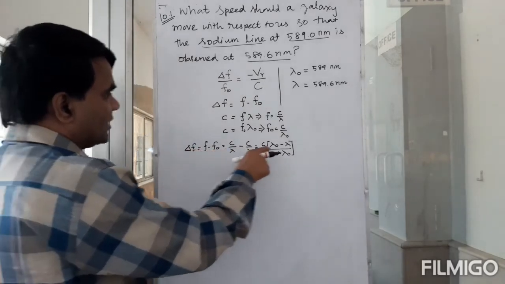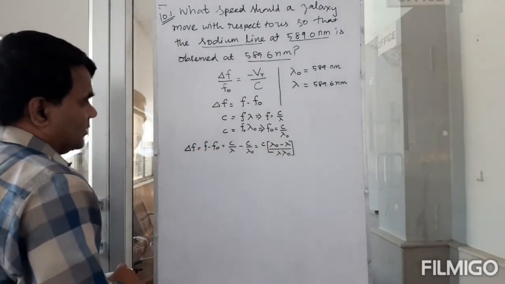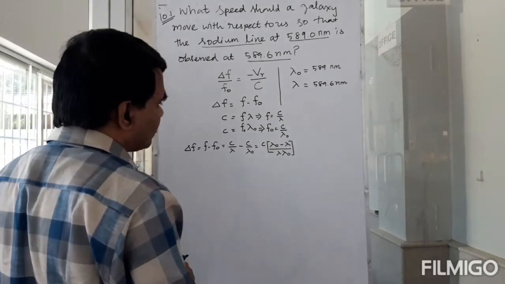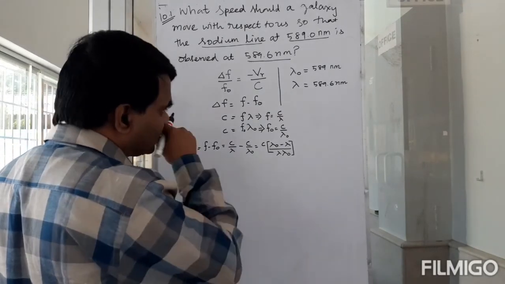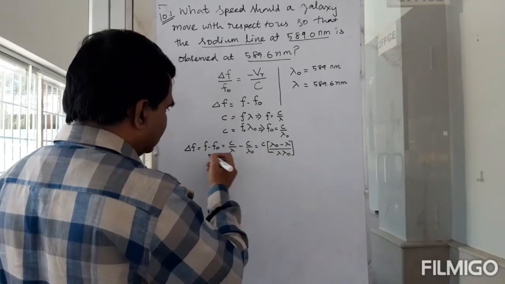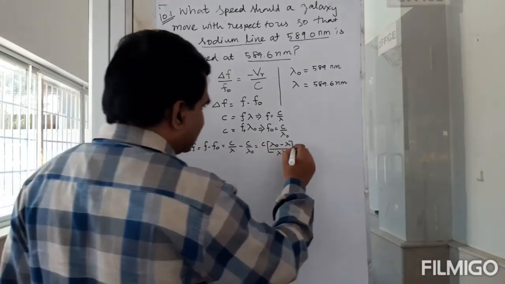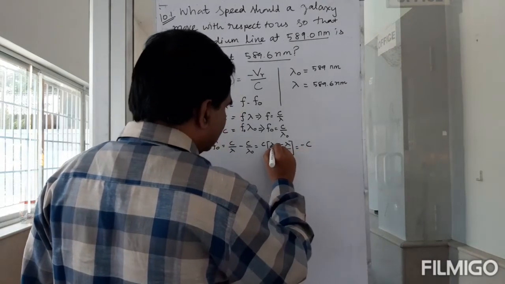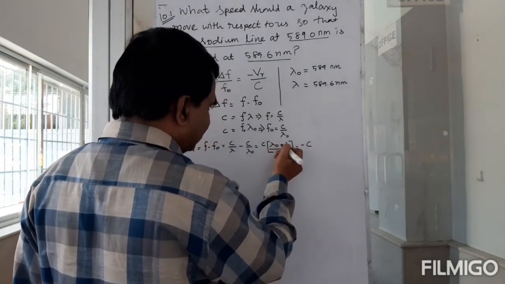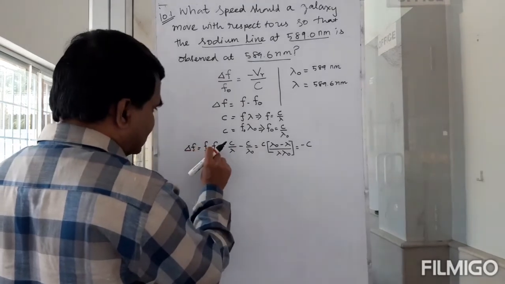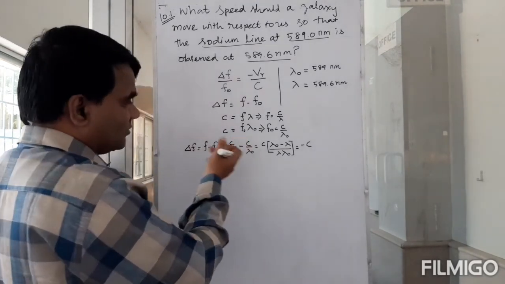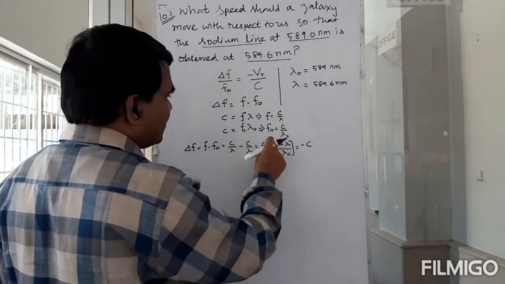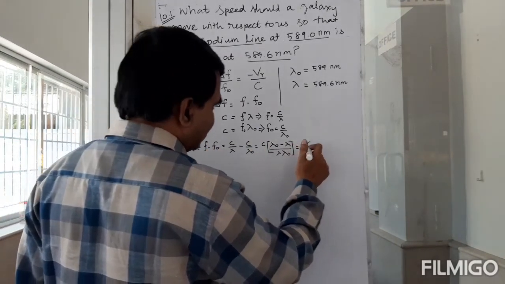So F minus F naught is lambda naught minus lambda. Okay, so what is this? This is actually equal to minus C into delta lambda divided by lambda lambda naught. Why minus? Because delta F is F minus F naught, then delta lambda must be lambda minus lambda naught, so I am taking minus out.